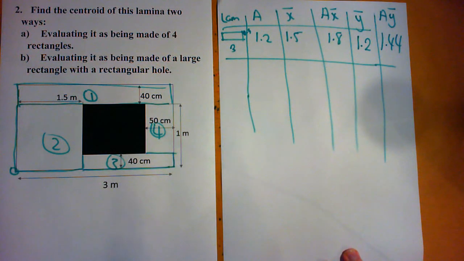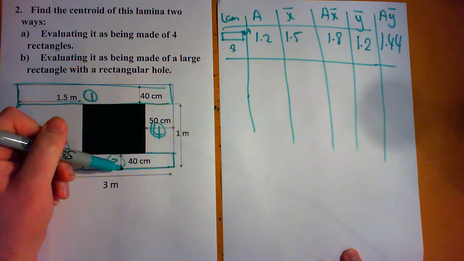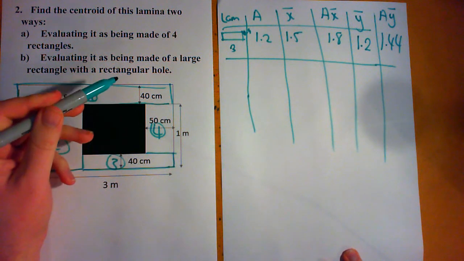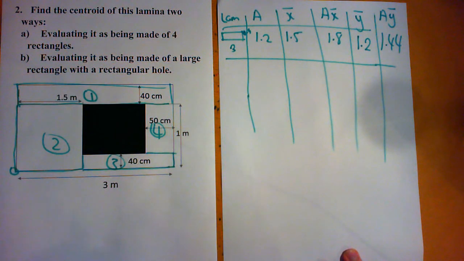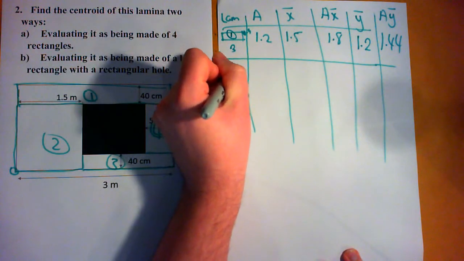Incidentally, even though it is symmetric in the y-bar direction, we've got 0.4 of a metre below the hole and 0.4 of a metre above the hole. We could make the symmetry argument, but we're not going to. Now, so this was rectangle 1.